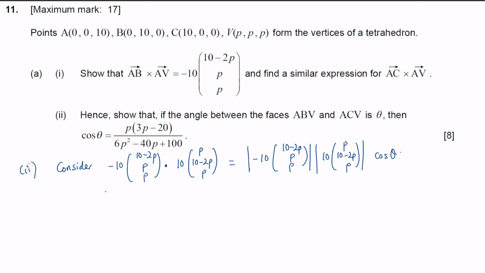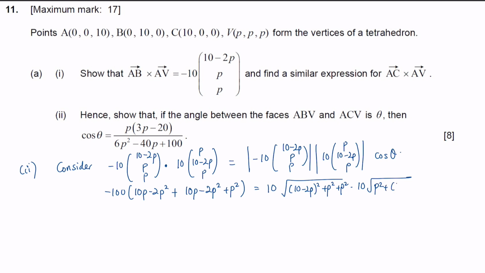Alright, so this is minus 100 times (10p minus 2p squared plus 10p minus 2p squared plus p squared) equals 10 times the square root of (10 minus 2p) squared plus p squared, times 10 times the root of p squared plus (10 minus 2p) squared plus p squared, times cosine theta. The good thing is that this expression actually cancels out.